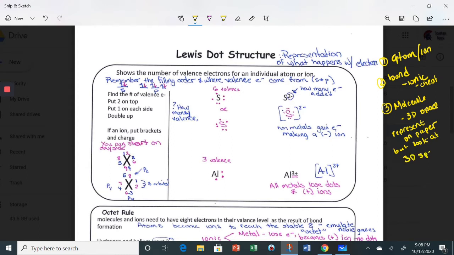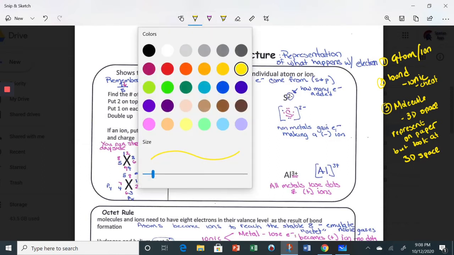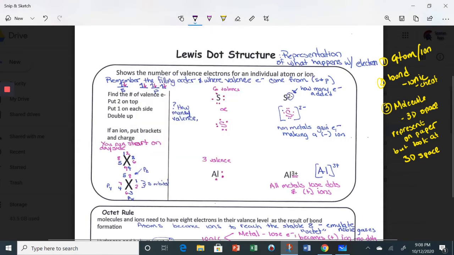So we're going to start small. We're going to talk about what it means to do a Lewis dot of an atom. There is a particular order you go in when you do a Lewis dot of an atom. This all stems from our electron filling. We fill the s first, so here's our s orbital, we go up, down.